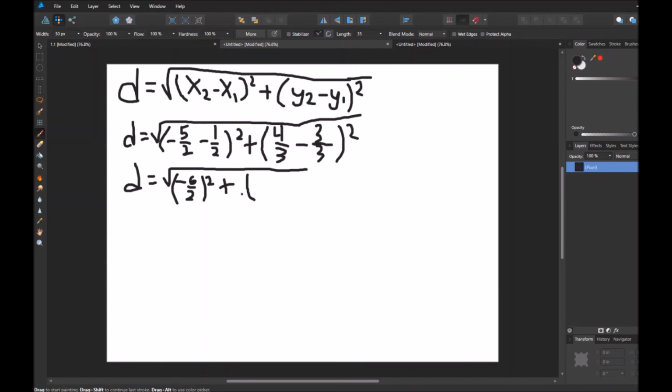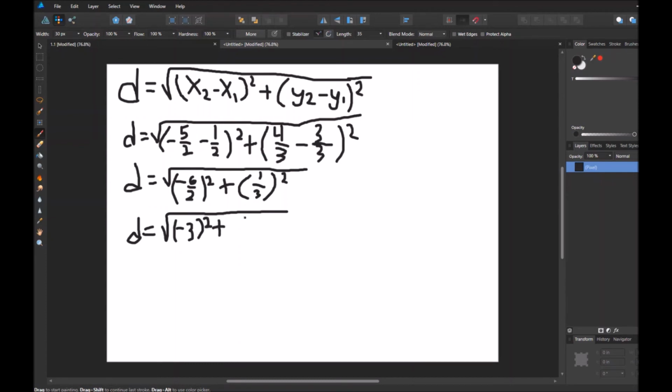So 4 minus 3 is 1, and then the 3 would be the same. And then square that. Negative 6 over 2 is the same thing as negative 3. So this is going to be negative 3 squared.